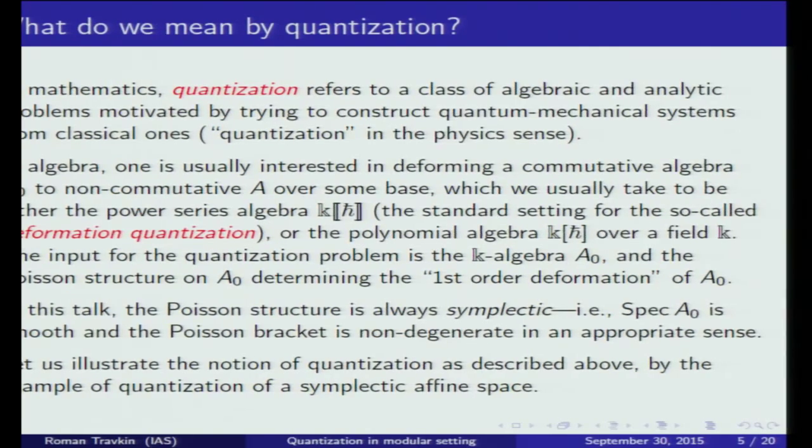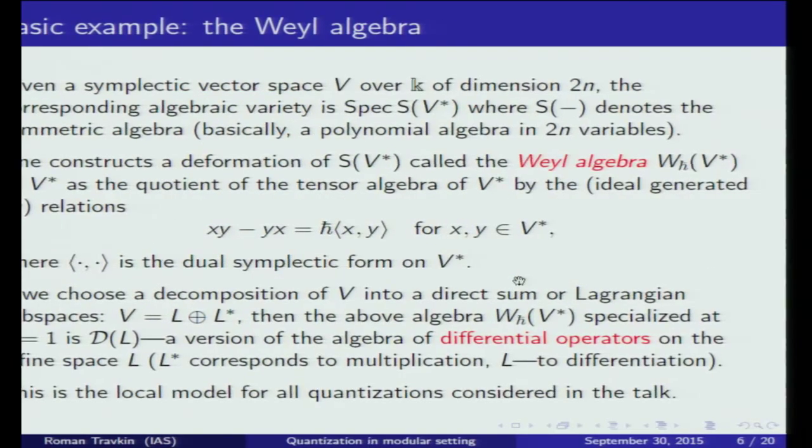Let us illustrate the notion of quantization, as described above, by the example of quantization of a symplectic affine space. So this next example makes it a little more clear. The basic example is the Weyl algebra. Given a symplectic vector space V, with 2n variables, one constructs a deformation of S of V star, called the Weyl algebra, W of V star.